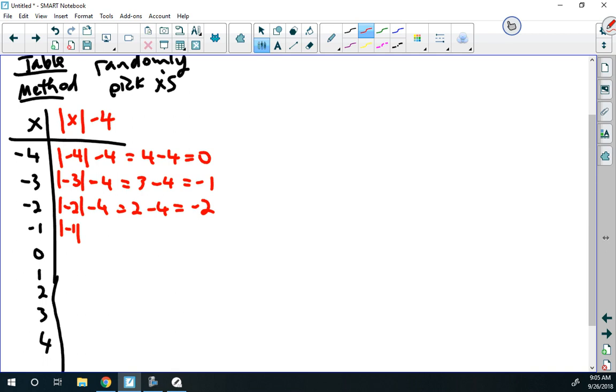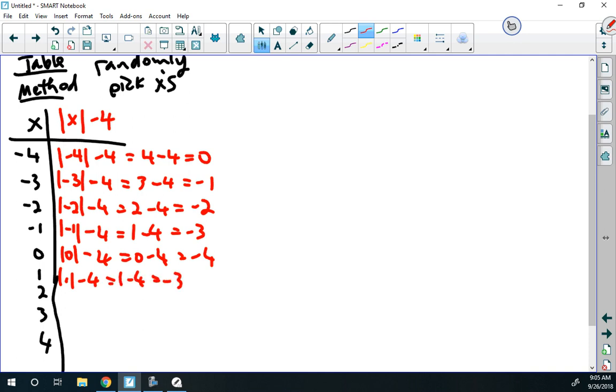Absolute value of negative 1 minus 4, that's 1 minus 4, that's negative 3. Absolute value of 0 minus 4, that's 0 minus 4, that's negative 4. Absolute value of 1 minus 4, that's negative 3. Absolute value of 2 minus 4 is negative 2. Absolute value of 3 minus 4 is negative 1. And the absolute value of 4 minus 4 is 0.